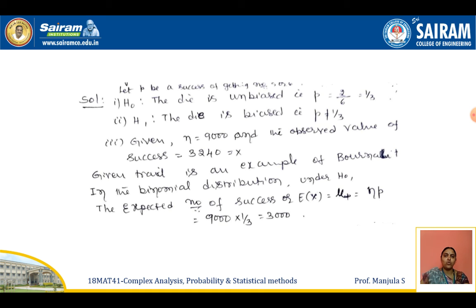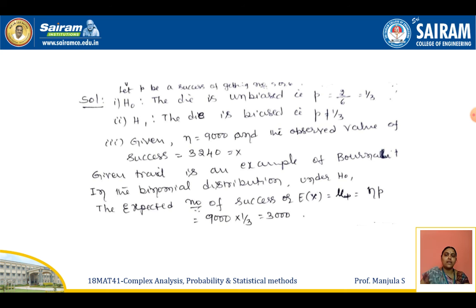First we have to define: let P be the probability of success of getting the number 5 or 6. So H0, the die is unbiased, is P equal to 2 by 6, that is 1 by 3. H1 is the reverse, the die is biased, so P is not equal to 1 by 3.